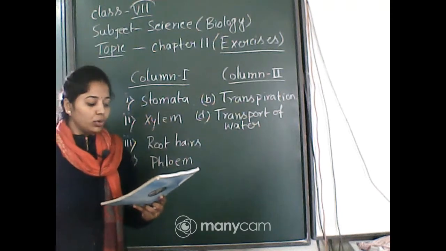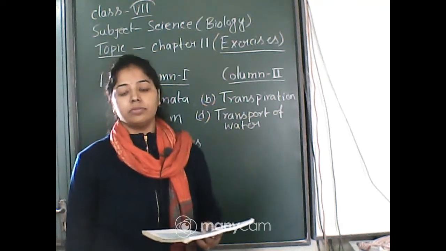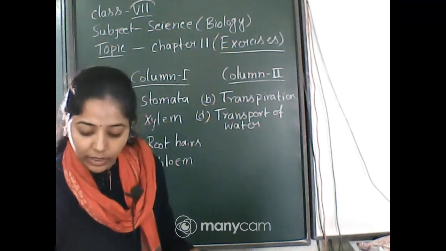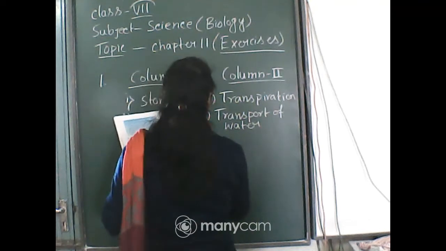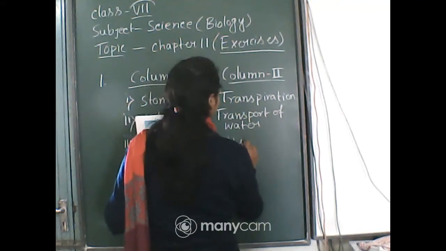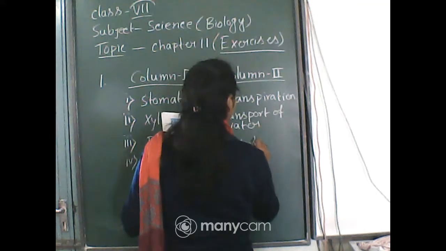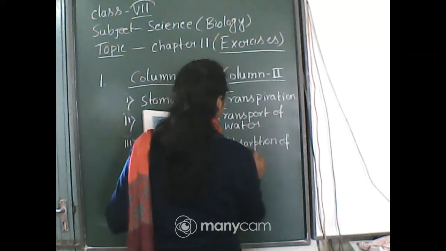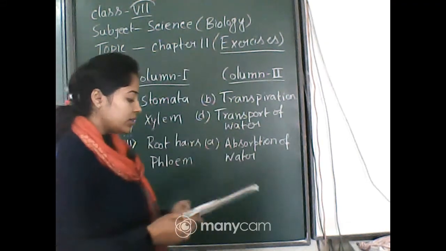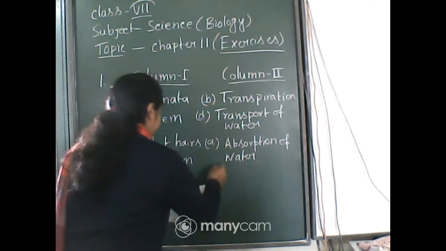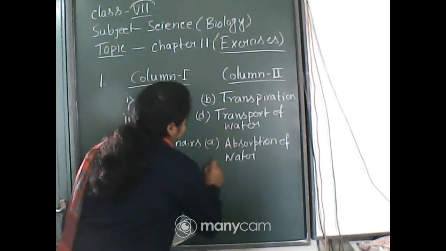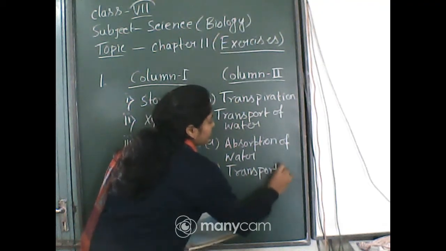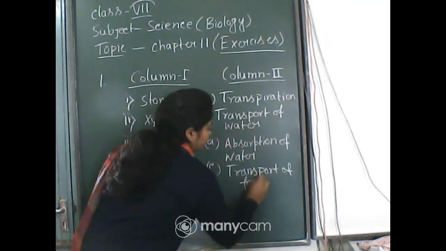Next comes the function of root hairs. The main function of root hairs is absorption of water. So here the option is A, absorption of water. Now the last option, phloem. What is the function of phloem? You know everyone, it is to transport food.